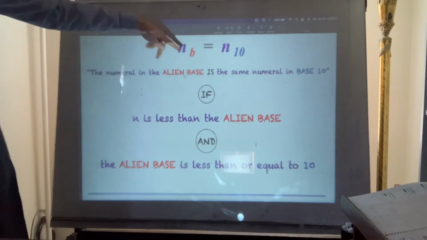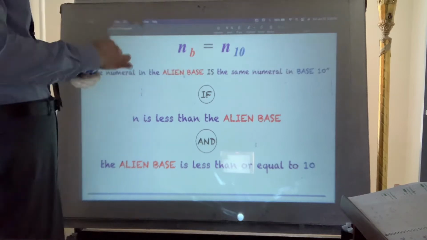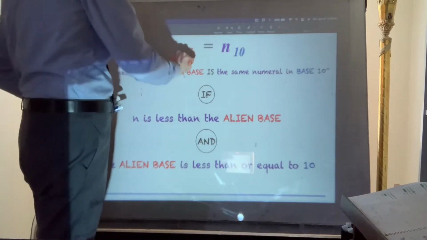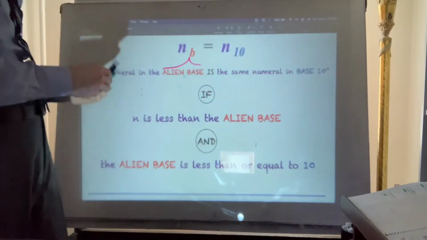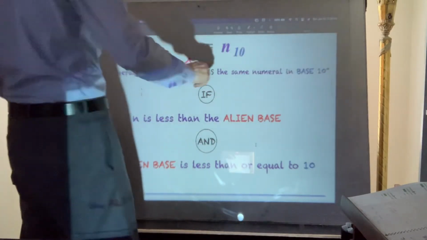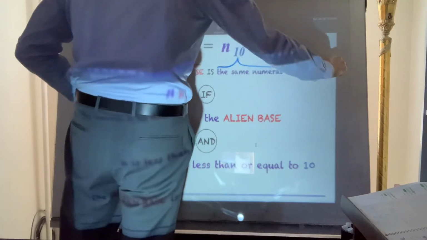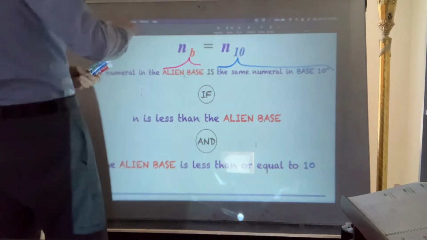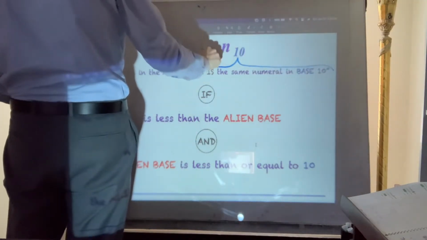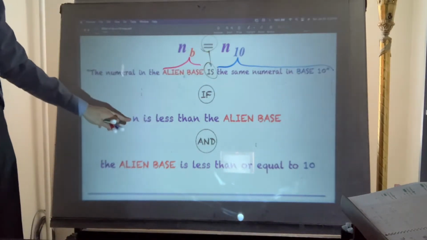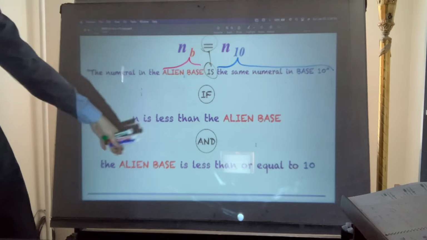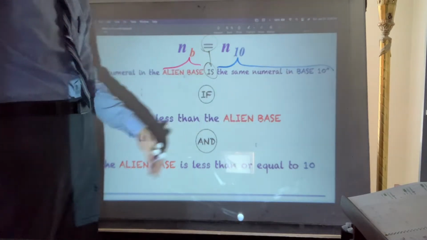The numeral in the alien base is the same numeral in base 10 if, right, n, the number here, is less than the alien base, right?